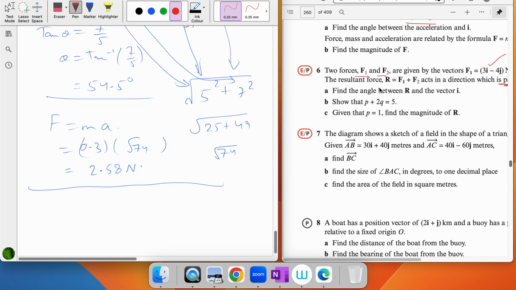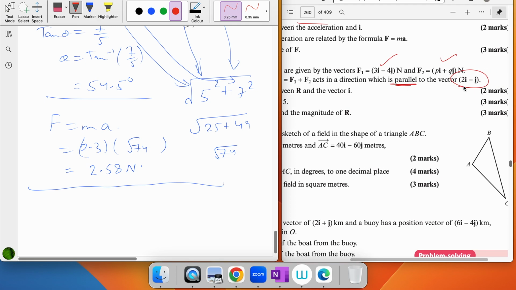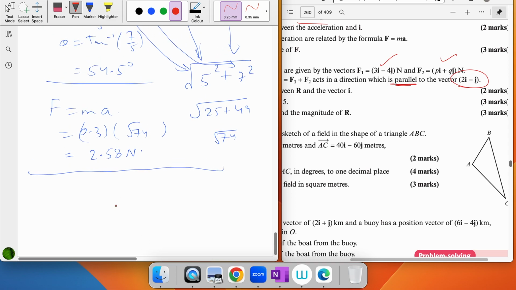Then it says the resultant force R is equal to F1 plus F2, and it acts in the direction which is parallel to this vector. So whatever R is, because that is unknown because of p and q, it is parallel to 2i minus j, and 2i minus j will look like this.